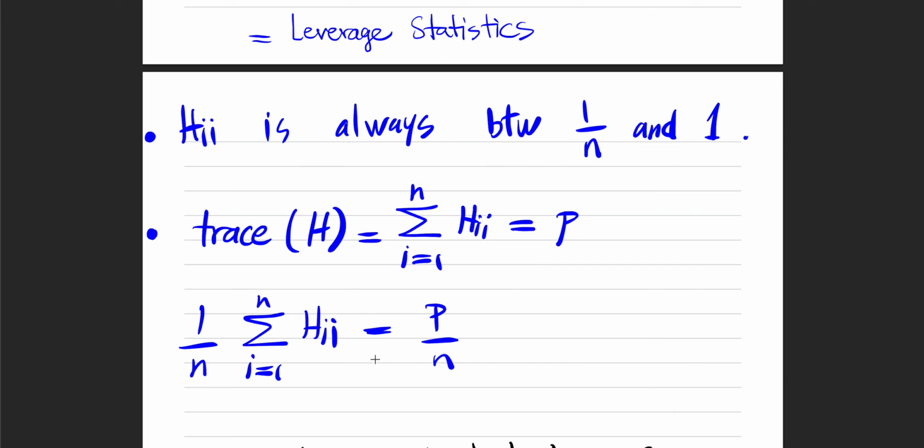So the average of the diagonal elements is always p over n. So p over n is a relatively reasonable measure for determining whether Hii is exceedingly large or not.